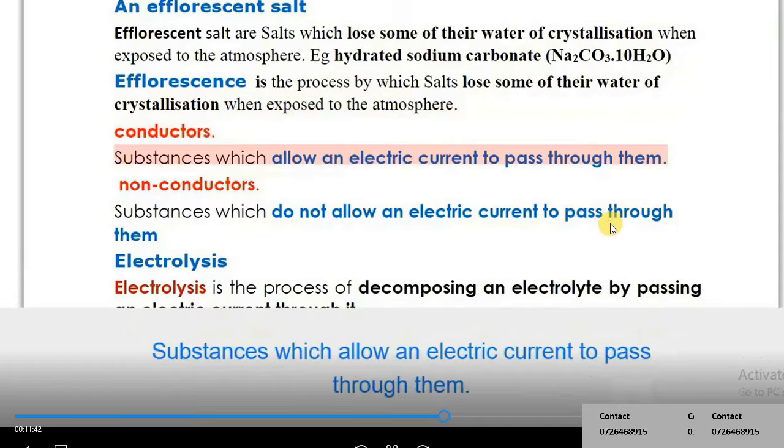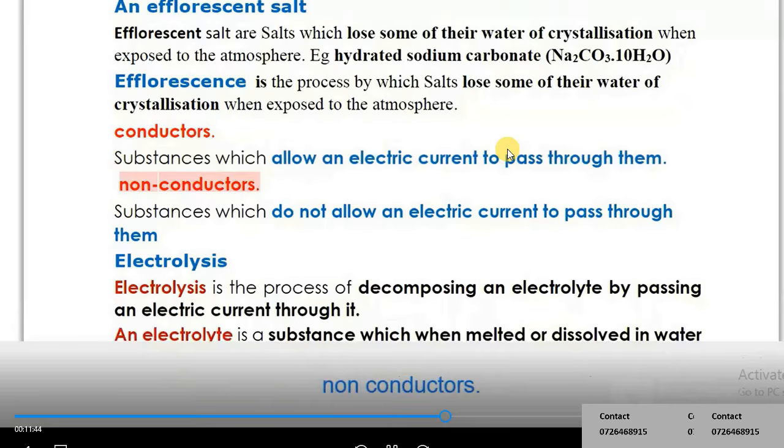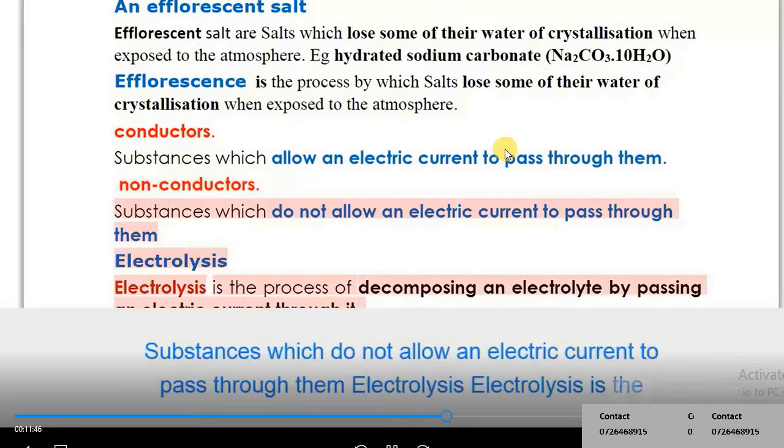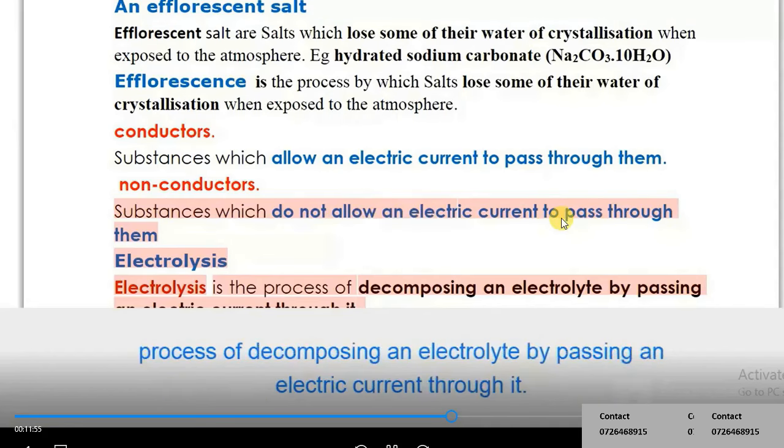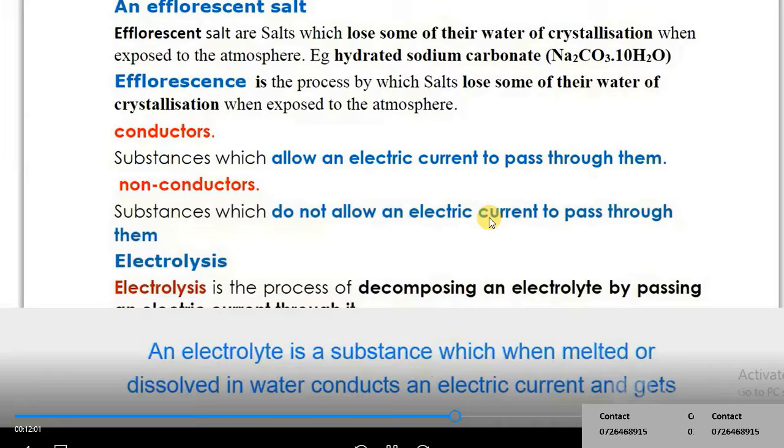Conductors. A conductor is a substance which allows an electric current to pass through it. Non-conductors are the opposite: substances which do not allow an electric current to pass through them. Electrolysis is the process of decomposing an electrolyte by passing electric current through it.